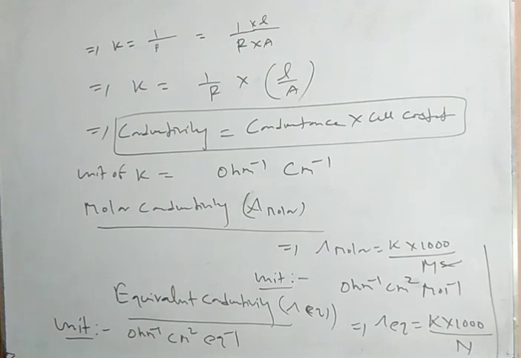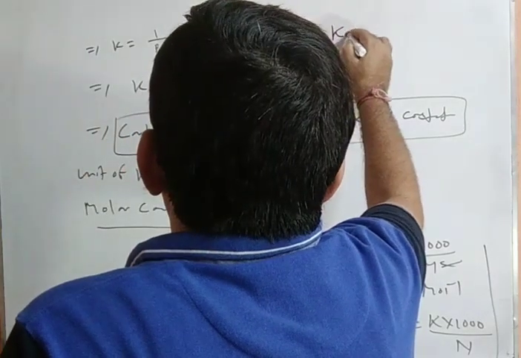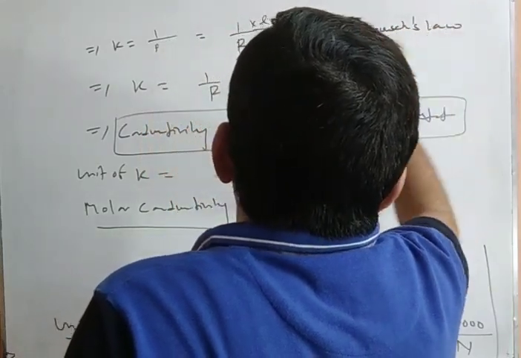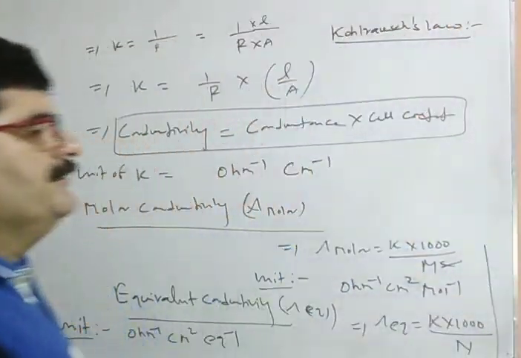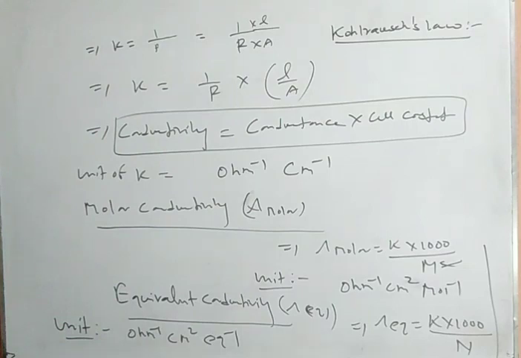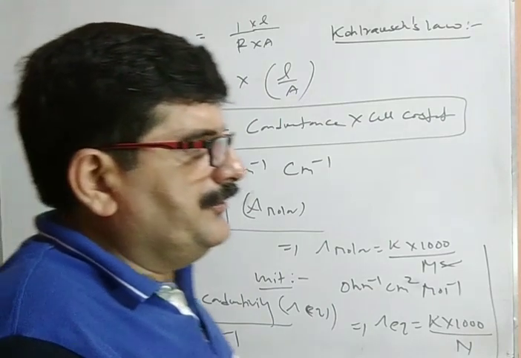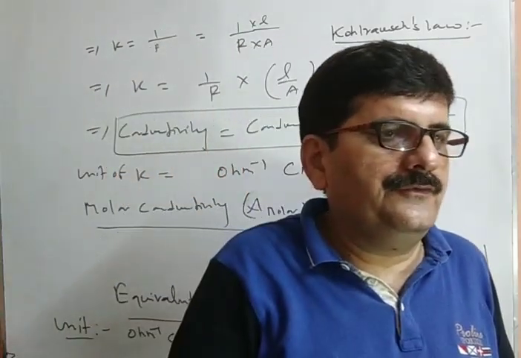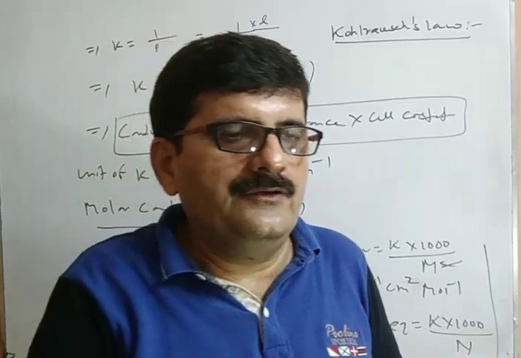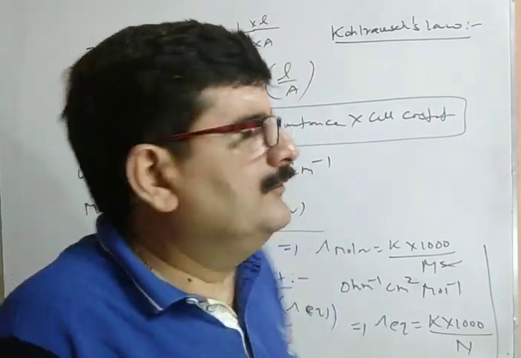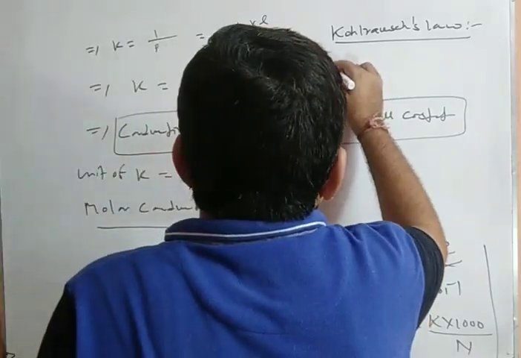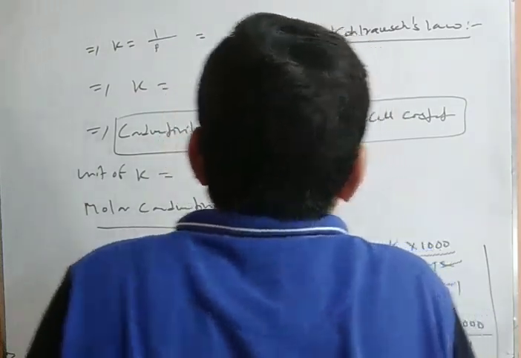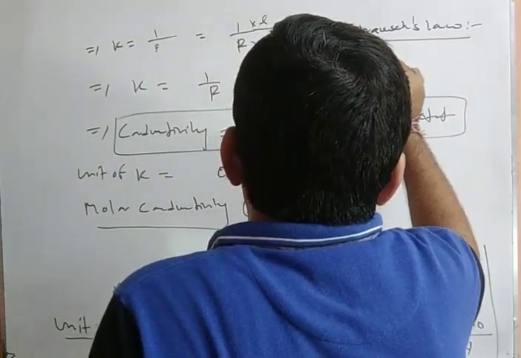Our next heading is Kohlrausch's law. You have already read. With the help of this law, we can determine the conducting power of any electrolyte with the help of ions at infinite dilution. So in terms of molar conductivity, Kohlrausch's law can be written as what?